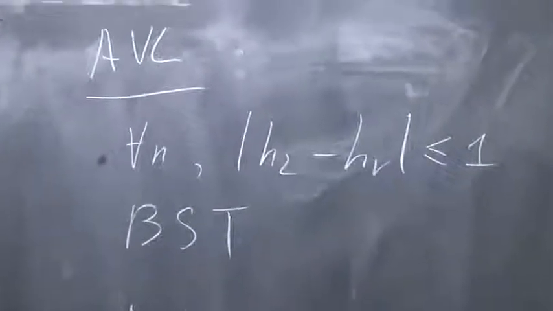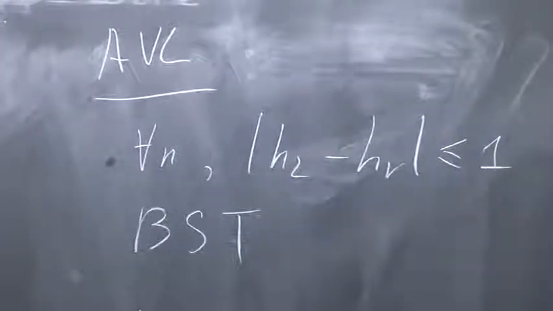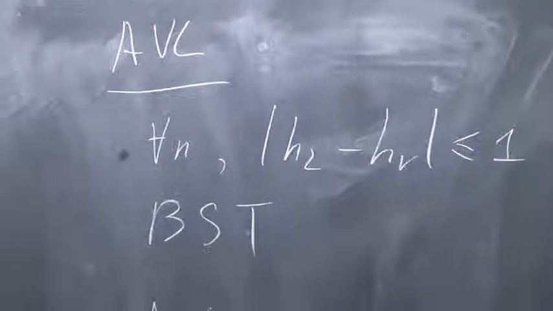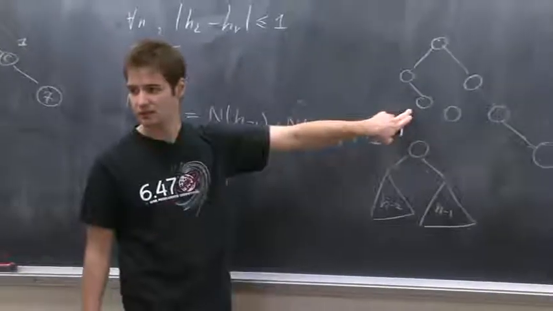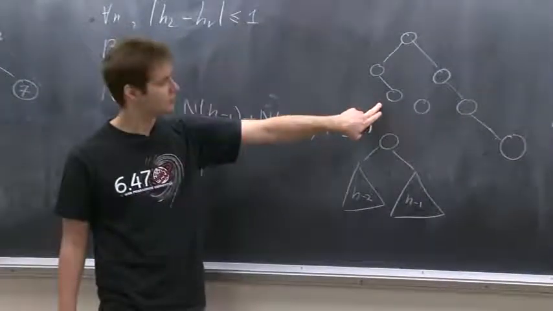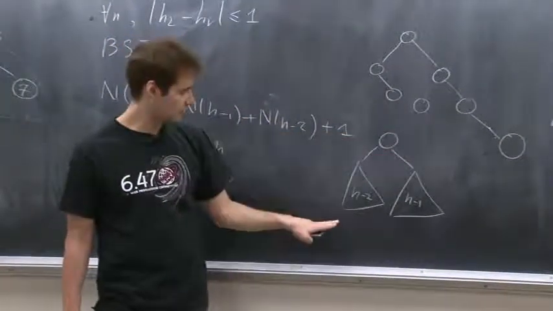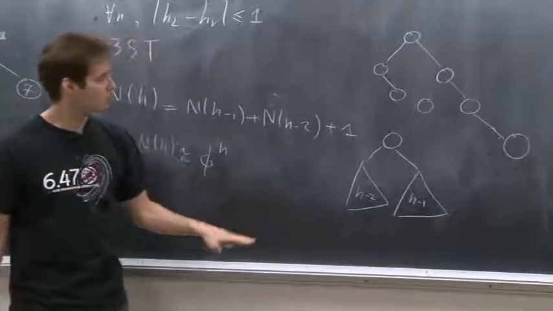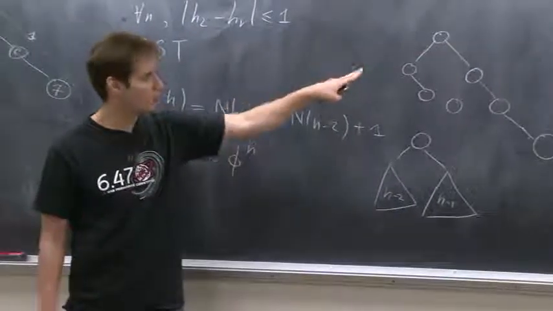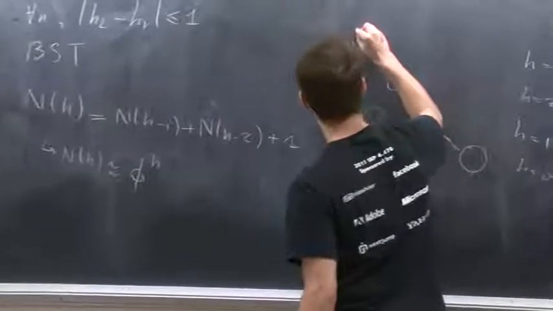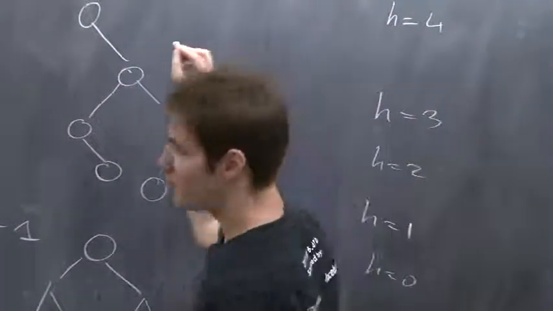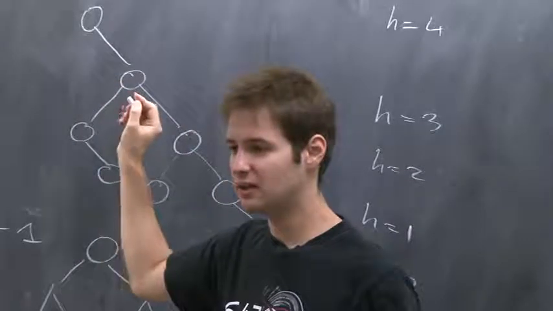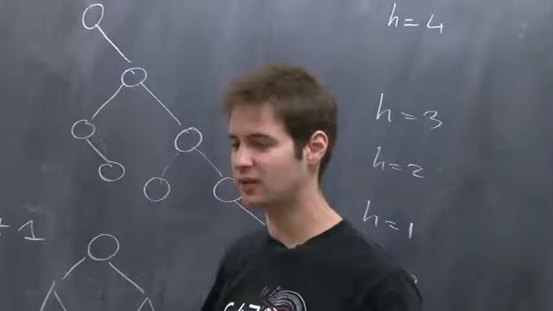Question. I didn't quite follow how you got h minus 2 and h minus 1 there. Here? This one? Yeah. Okay, so suppose I'm at height 4 here. What's the best way to construct an AVL tree that has as few nodes as possible but height 4?